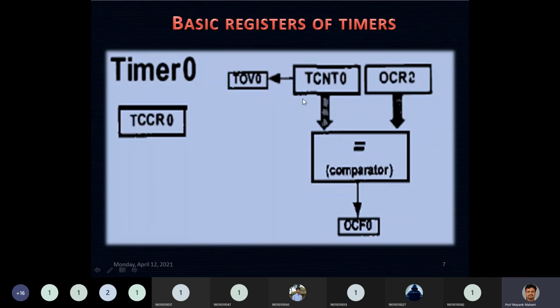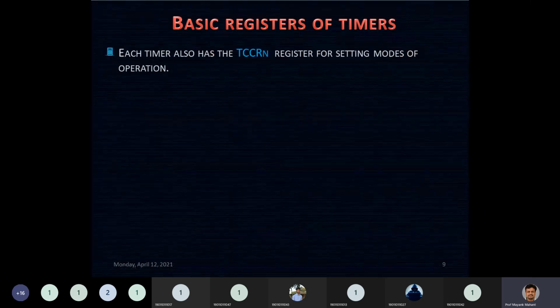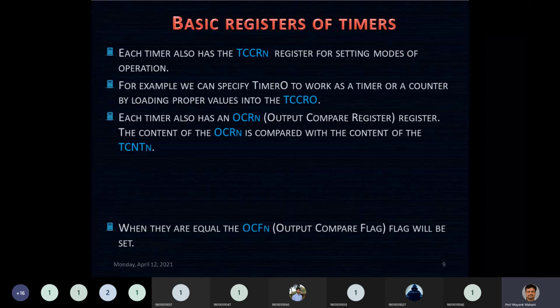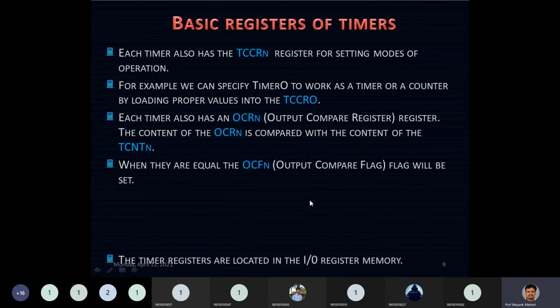Every time an event occurs, the value is incremented and compared with your OCR register. When they are equal, the OCF flag would be set. This OCF flag and the TOV flag are available in the TIFR register of your Atmega 32.